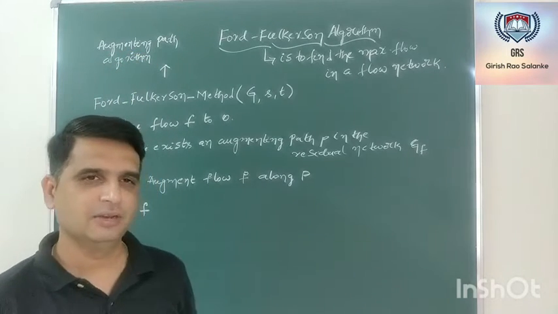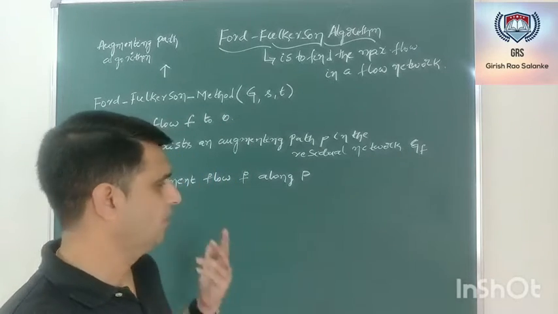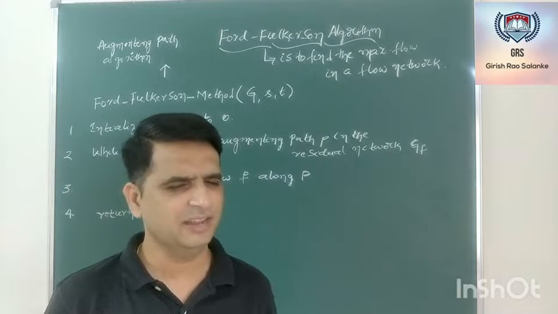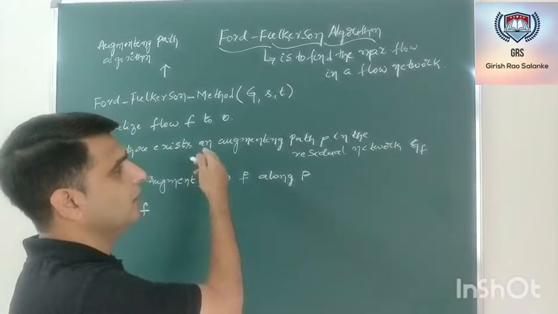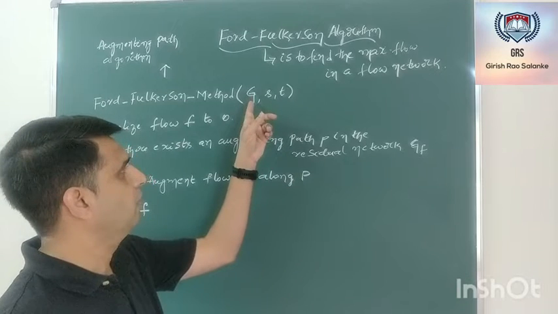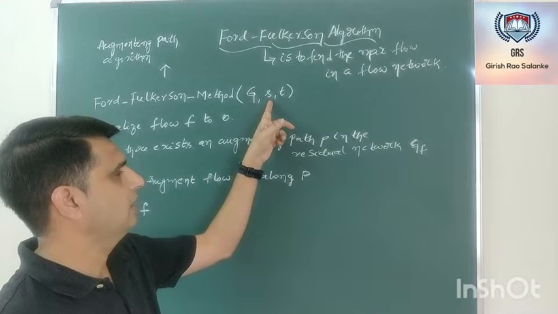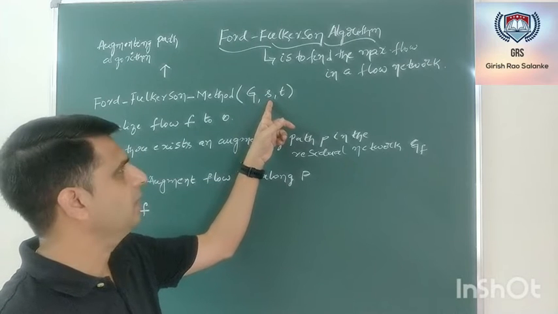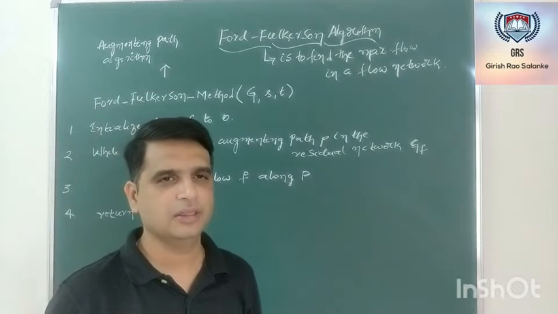The people who invented this algorithm are Ford and Fulkerson in the year 1956. Hence, it is named the Ford Fulkerson algorithm. The input to this algorithm, as we know, is a flow network denoted with G, a source vertex denoted with S, and the sink vertex denoted with T.